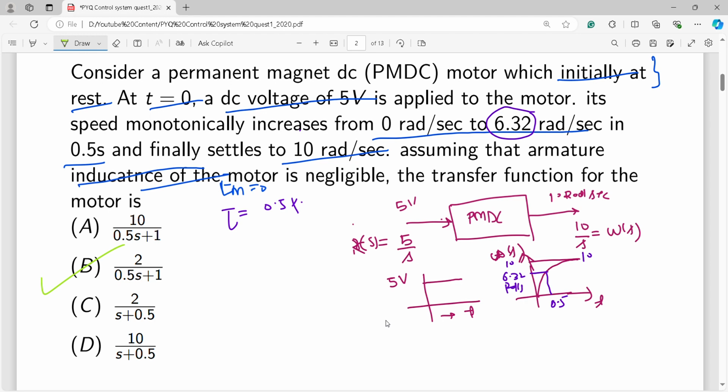So here there is no need to find the transfer function in a standard way. Just apply the final value theorem on all the options and straight away we can get the answer. In our exam we always apply the shortcut, so very fast we can find this answer.